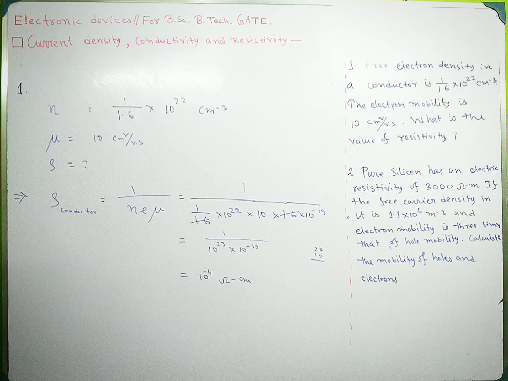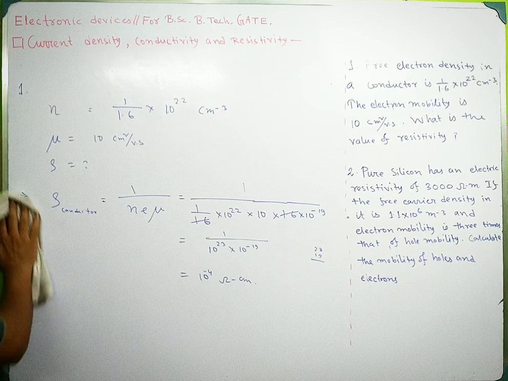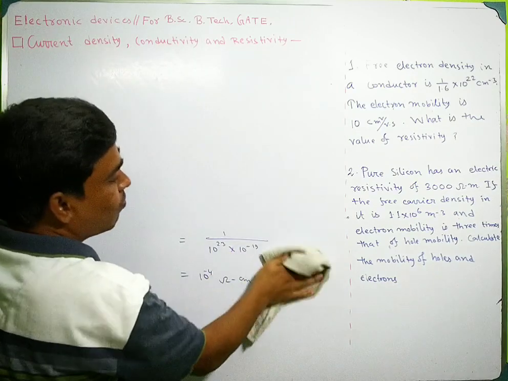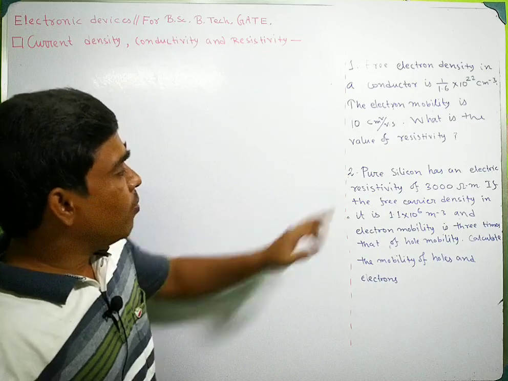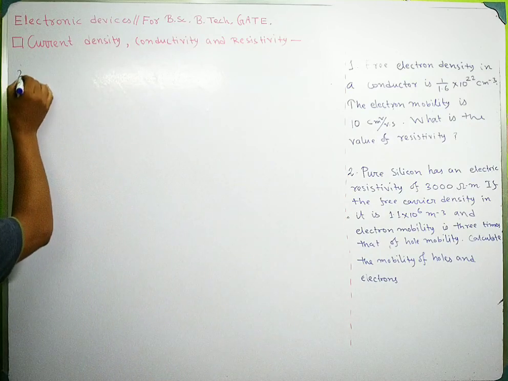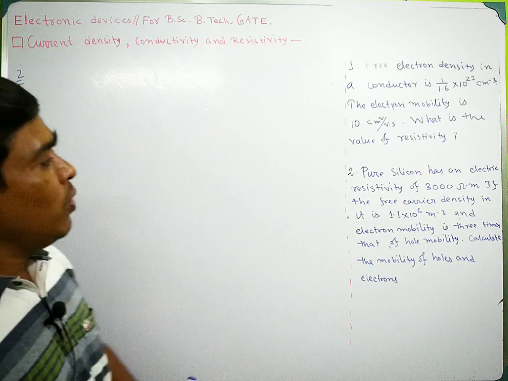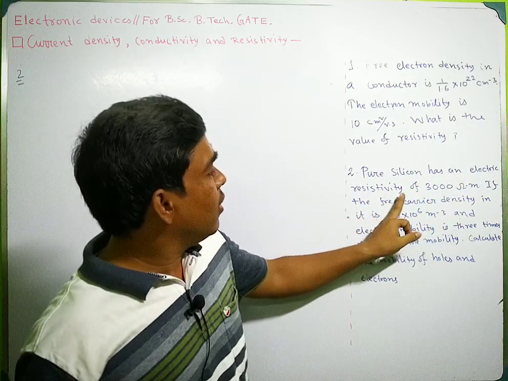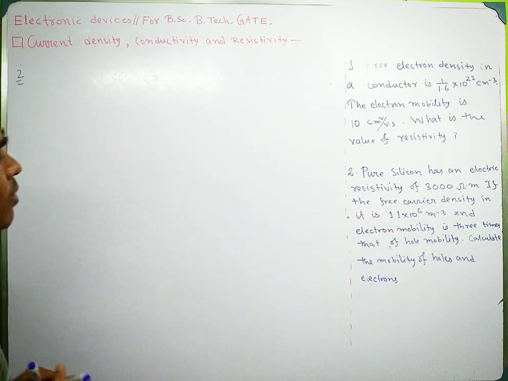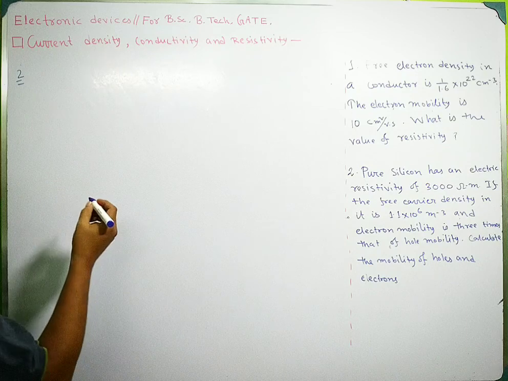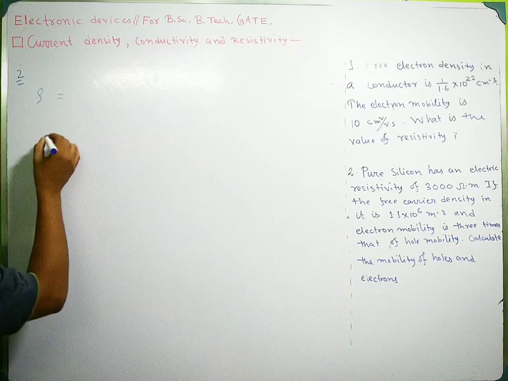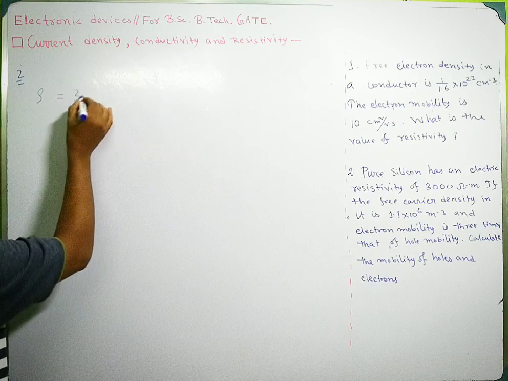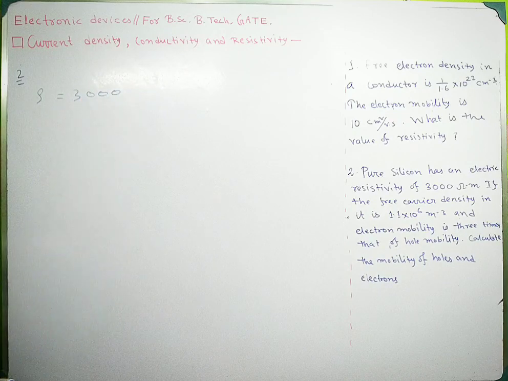Now I will solve problem number 2. Pure silicon has an electrical resistivity rho of 3000 ohm meter.